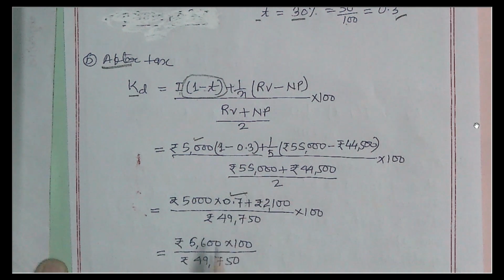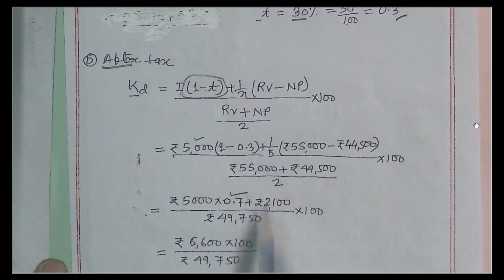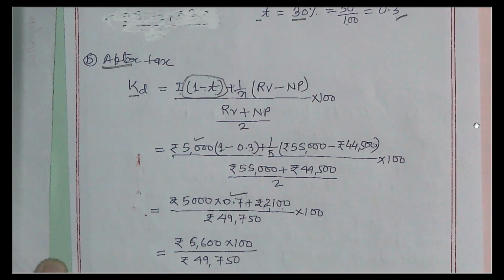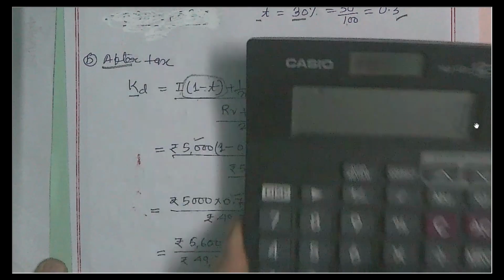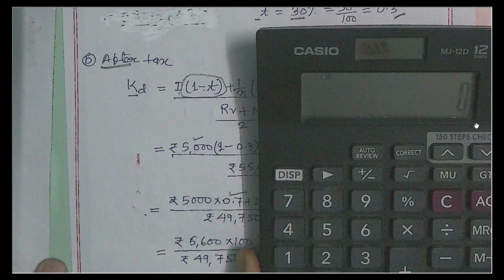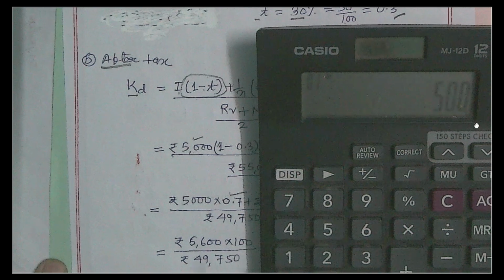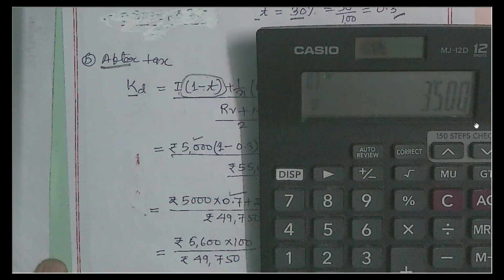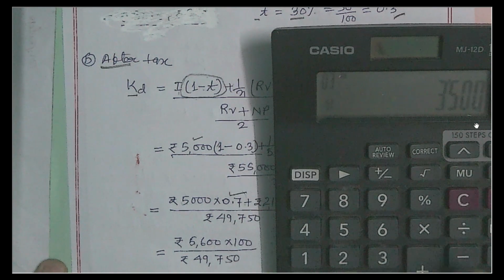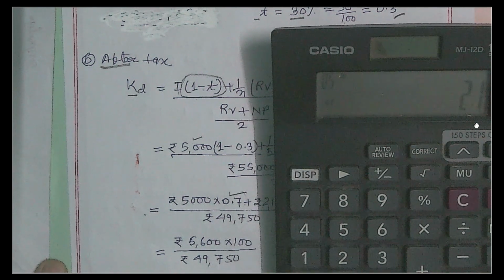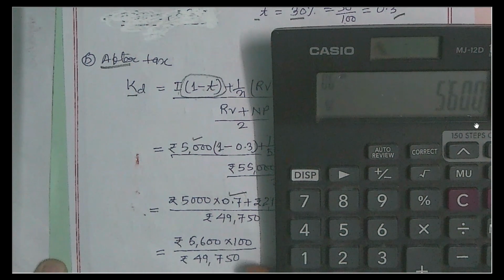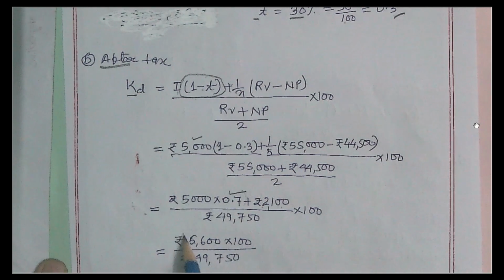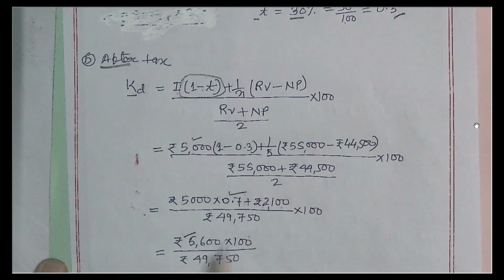When you multiply and add, you will get 5,600. Let me show you here. 5,000 is the amount of interest into 0.7, it is 3,500, plus 2,100, here 5,600.